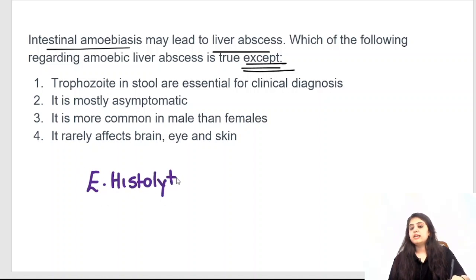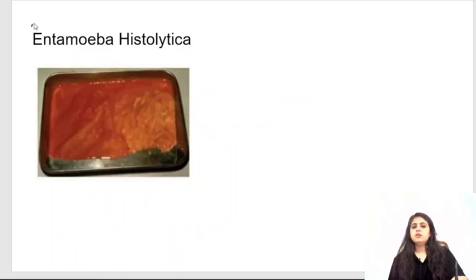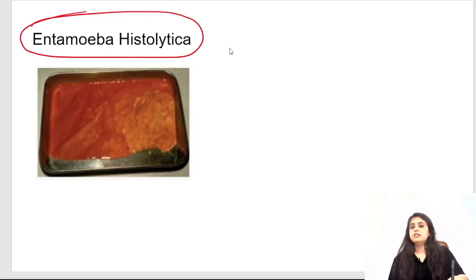Because I know that Entamoeba histolytica, firstly it is an amoeba, that part is done. This can involve the intestine also, this can involve the liver also. And in the liver, does it cause something very common? When I talk about Entamoeba histolytica, it usually affects which part of the liver? It affects the right lobe of the liver, and which surface?